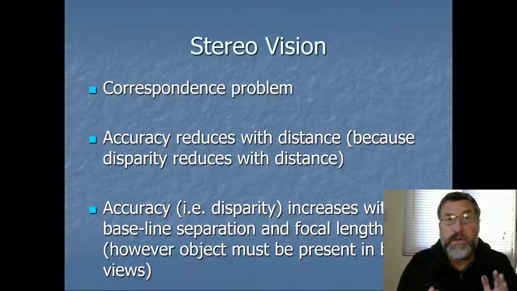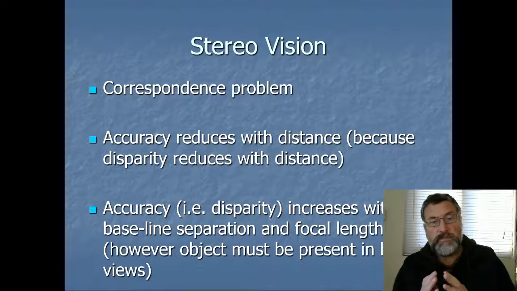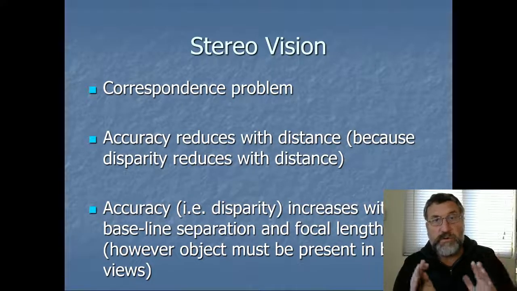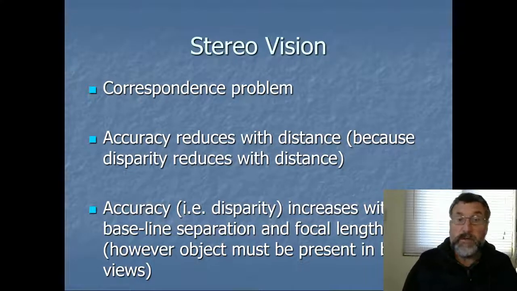And the closer the cameras are together, the worse the accuracy will be, generally speaking, the worse the resolution will be, because you'll have fewer pixels to measure the disparity, and therefore less resolution in the measurement. So if you want to increase that accuracy, you can increase the baseline separation, for example, and the focal length of the camera. But the objects must be present, of course, in both views.